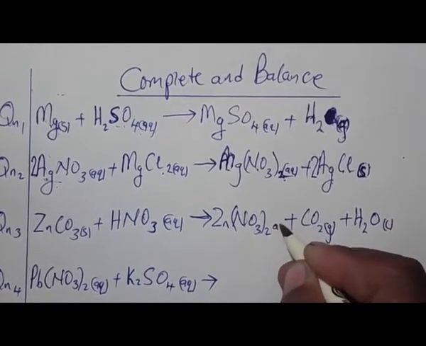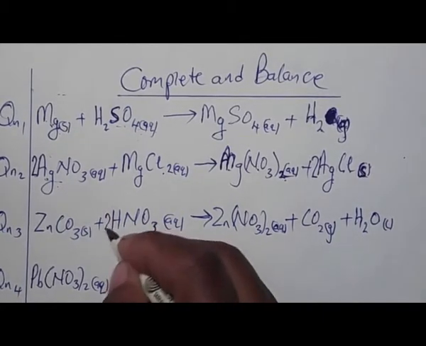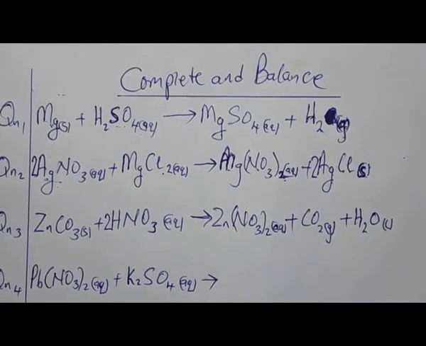This is aqueous. Now, is everything balanced here? Look at it well and balance where necessary. So we need to put 2 there, and everything else here is balanced. 2 hydrogen, everything here is balanced.